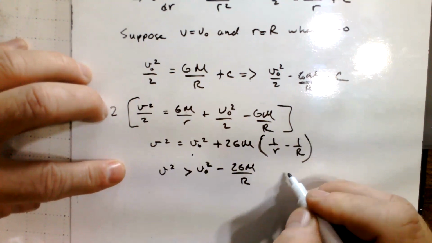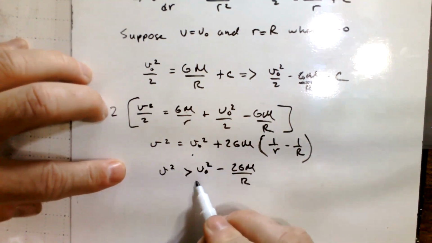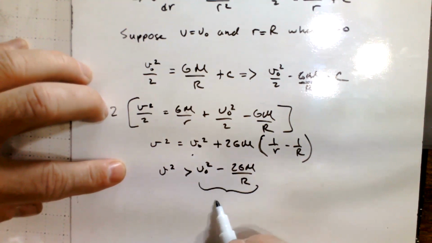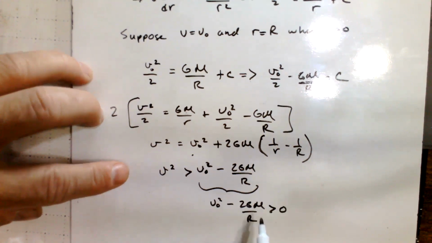It'll be enough to escape, since that's what we're trying to do. This will be bigger than 0, provided that we need v naught squared minus 2gm over R. We need this bigger than 0.